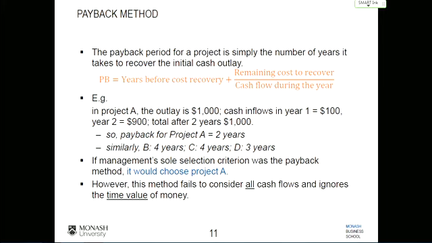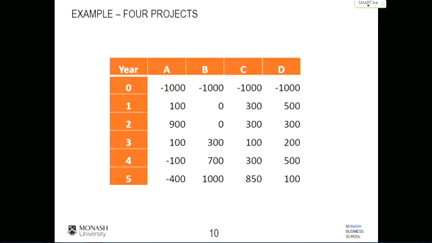We only consider the cash flow up to the time that we recover fully our initial investment. And we totally ignore any cash flow that we incur after that. So if you look at our example here, it seems that we only need 2 years to recover our initial investment.